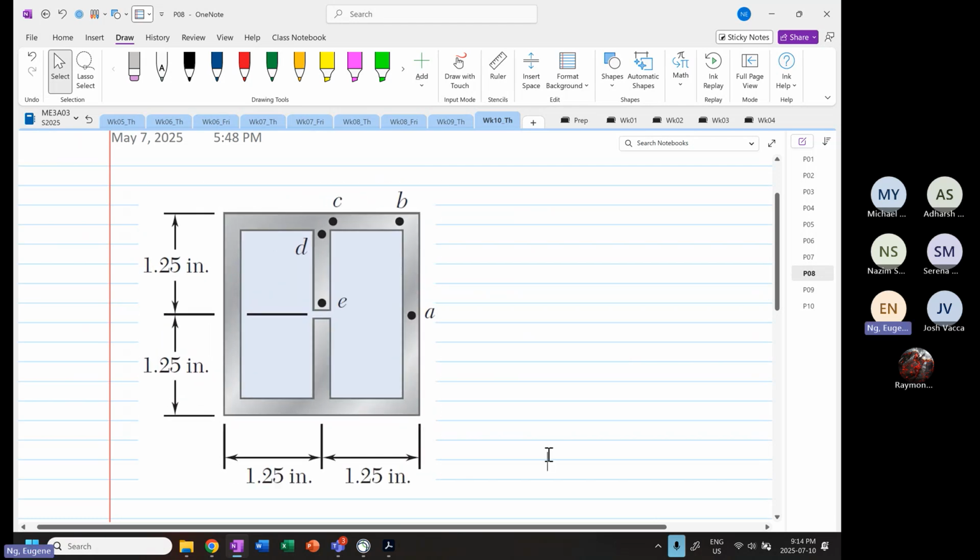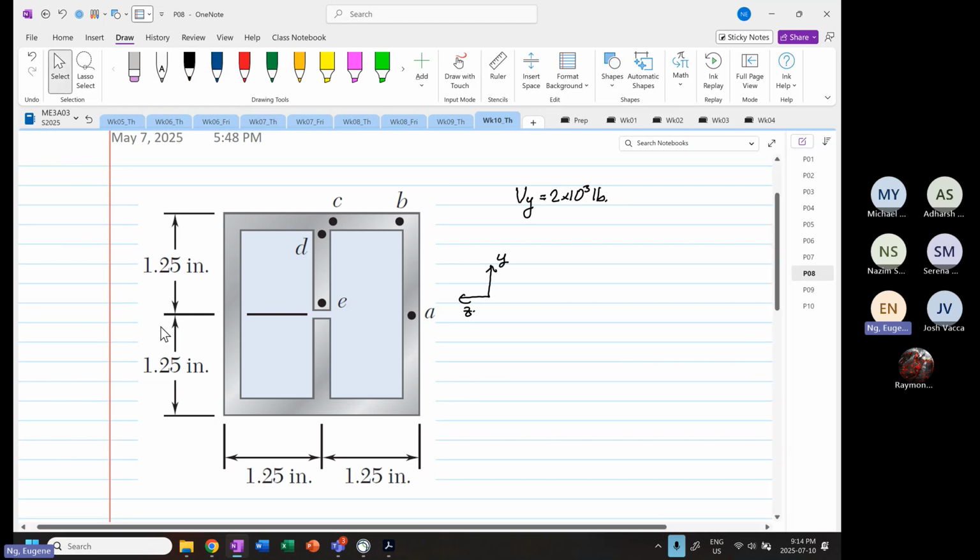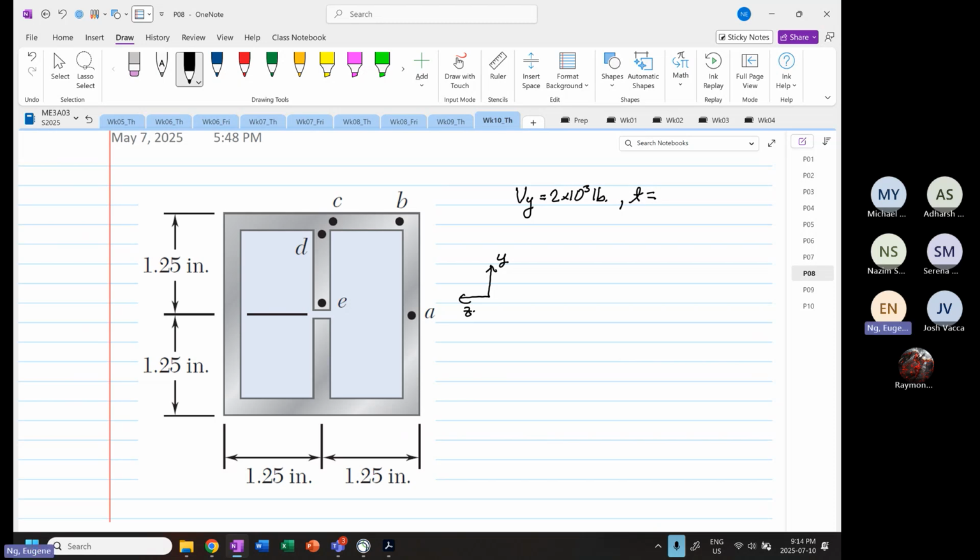We are given that Vy is equal to 2 times 10 to the power 3 pounds. Given the transformation, this is Y, this is Z, and we are given that the thickness is equal to 0.125 inches.